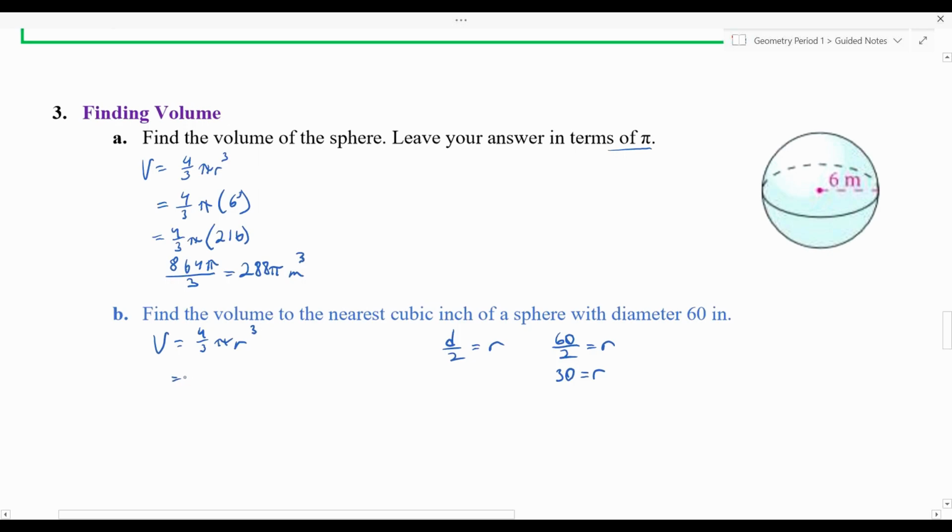So we plug in all that we have, 4/3 pi times the quantity of 30 raised to the third power. Okay, this comes out to be 4 pi to the third over 27, because 30 to the third is 27,000.